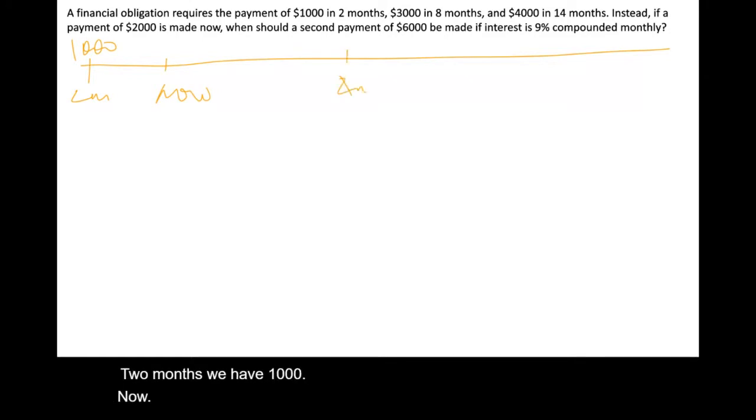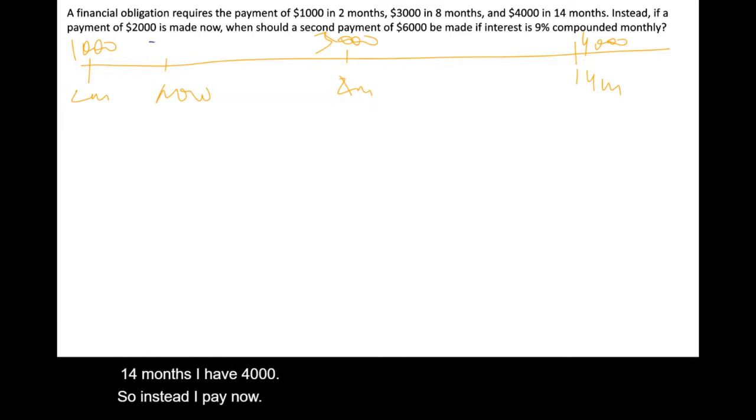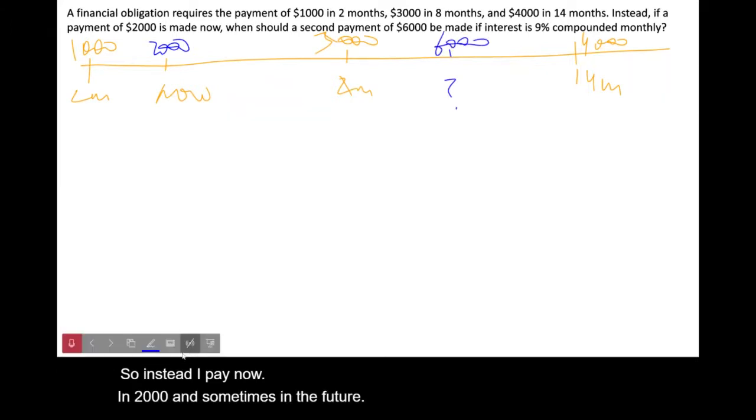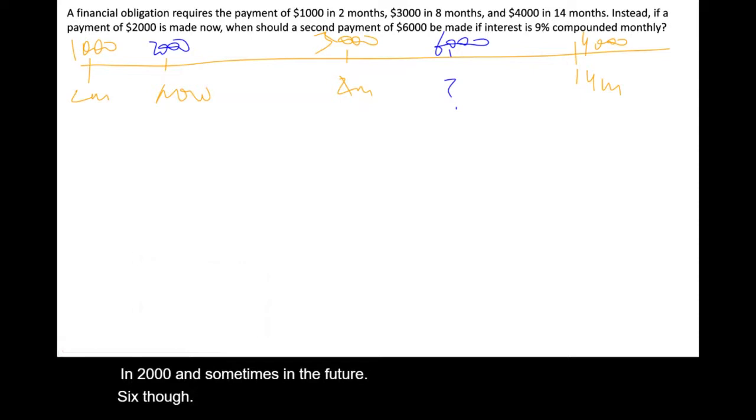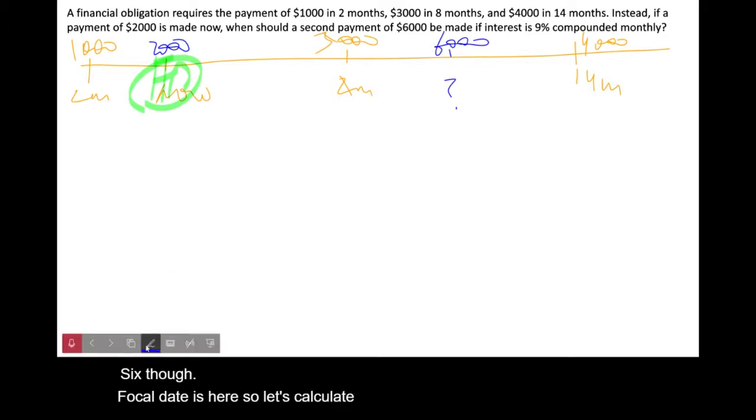I have 8 months, 3,000. Right? In 14 months, I have 4,000. So instead, I pay now 2,000, and sometime in the future 6,000. Focal date is here. So let's calculate agreements separately.